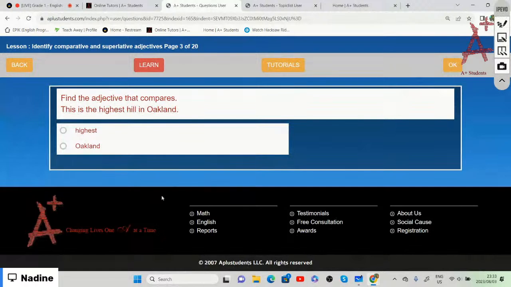All right, so if we choose the adjective that compares, then we will say highest. And this hill is being compared to all the other hills in Oakland, right? So they're saying that this specific hill is the highest in Oakland. So highest ends in est also, so this is a superlative adjective.